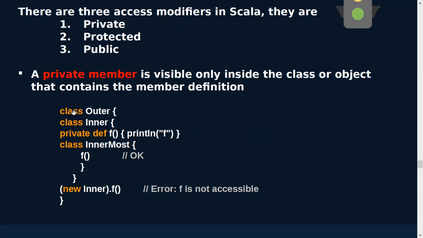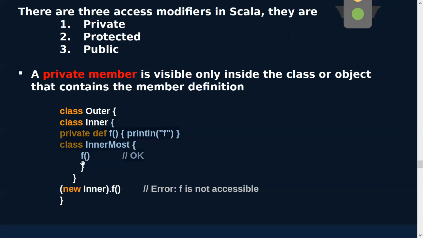Just as an example, if you see class outer, and inside that class outer I have another class called inner, and inside this inner class I have a function f defined, but that is private. If I try to access that inside the inner class anywhere, that will be accessible. This closing curly brace is the end of inner, so anywhere up to here is possible.